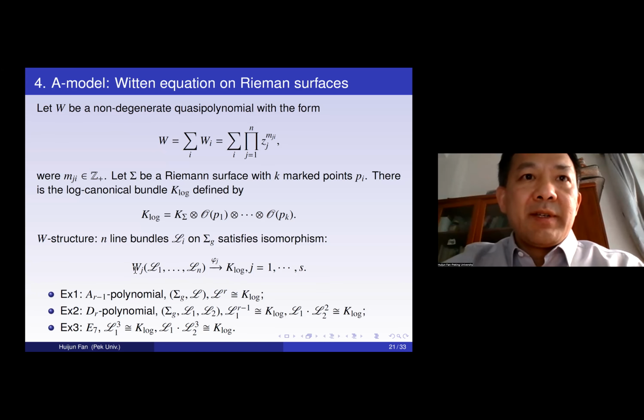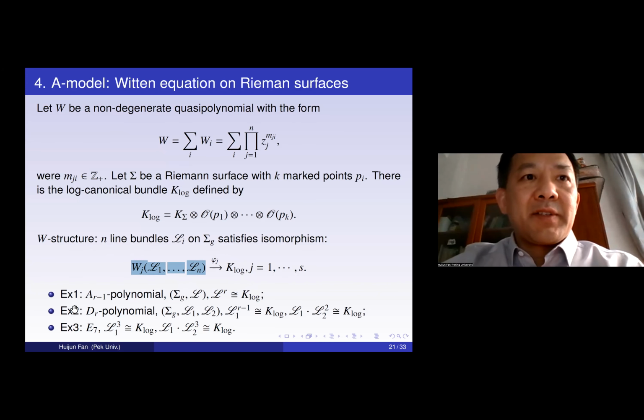This line bundle should be isomorphic to the log canonical bundle. If the n line bundles satisfy this condition and they exist, then sigma together with these line bundles is called a W structure.